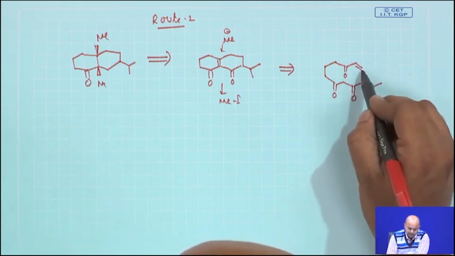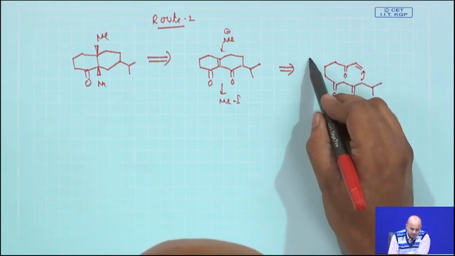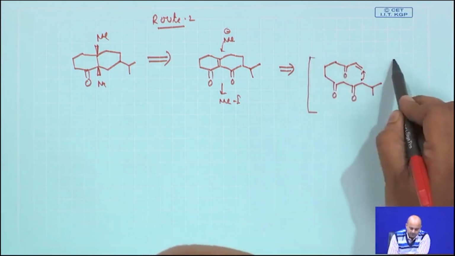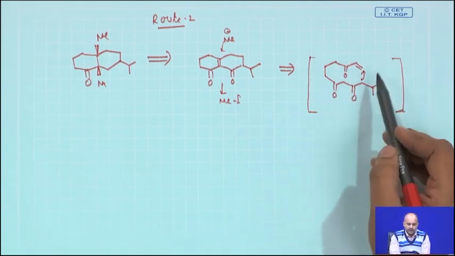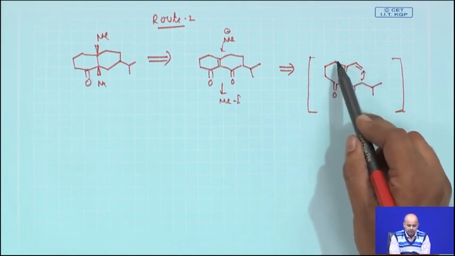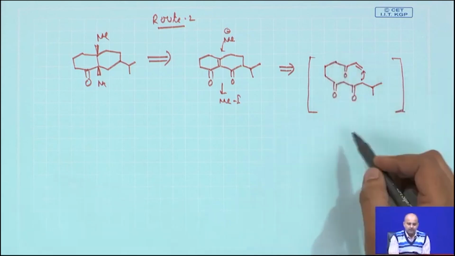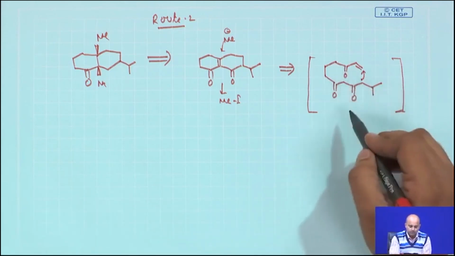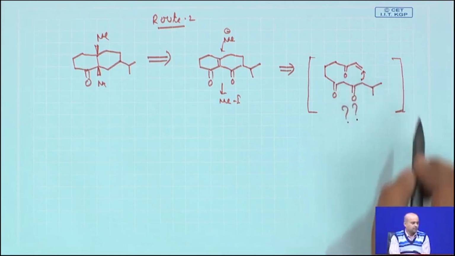And once this Michael was done, you can close this through an aldol pathway, but actually this substrate itself was very tricky, because there are many carbonyl groups, and you will basically have numerous acidic hydrogens which will be picked up by the base, and eventually self aldol condensation will be a big problem. So, this substrate will put a big question mark.